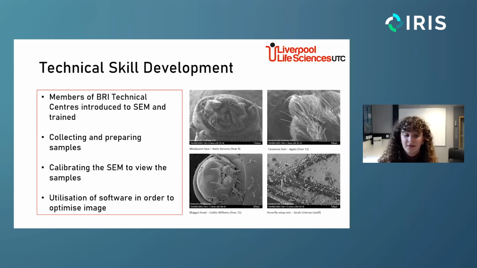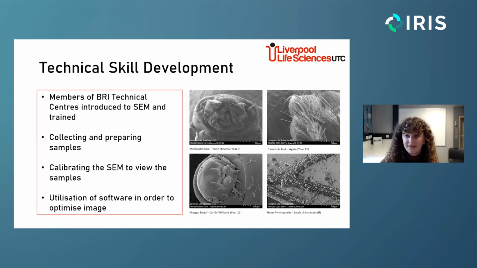To do this, we've used different settings, which include increasing and decreasing the magnification, the brightness and the contrast, and different modes. The other images on the slide include the maggot head, for a student's EPQ studying the life cycle of arthropods to determine different stages of decomposition, and also the mealworm, for a Year 9 project surrounding the digestion of plastic waste.